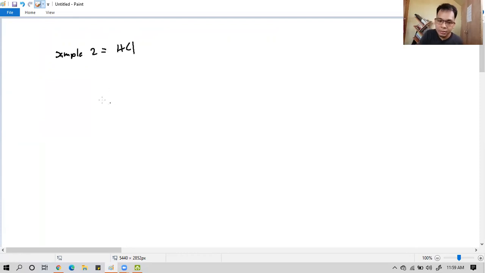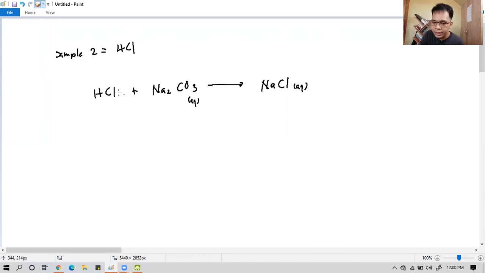Once you mix the acid with our sodium carbonate here, it will generate a salt. What salt will we generate? We generate sodium chloride aqueous solution, plus water, so neutralization happened.